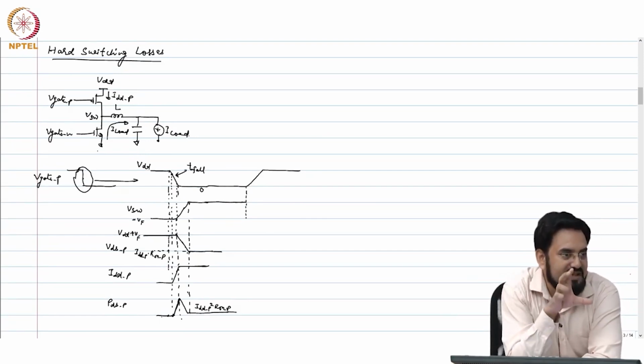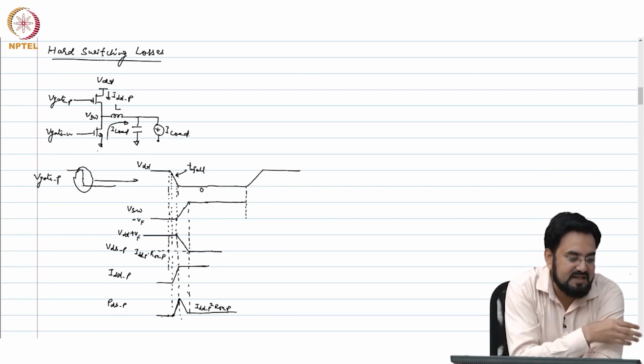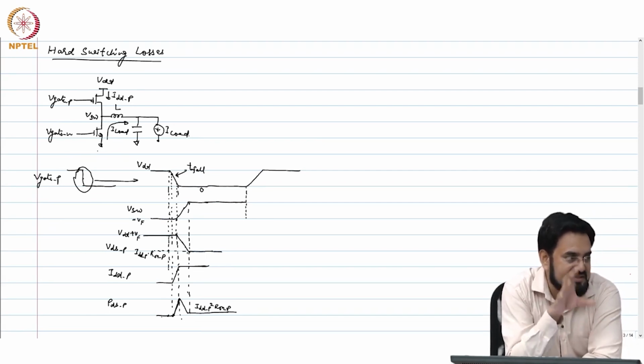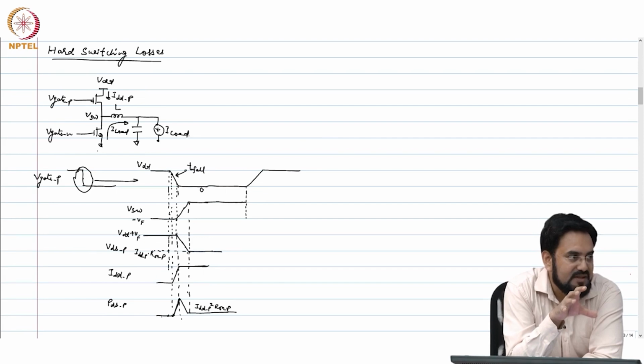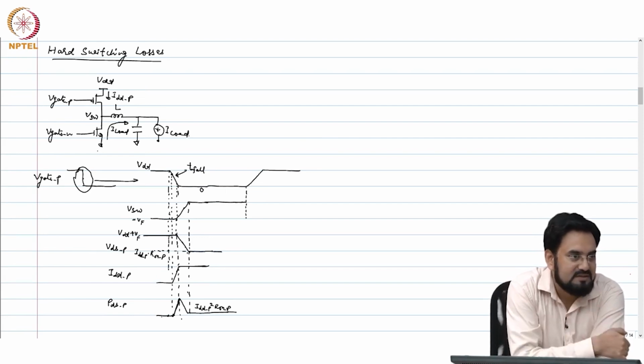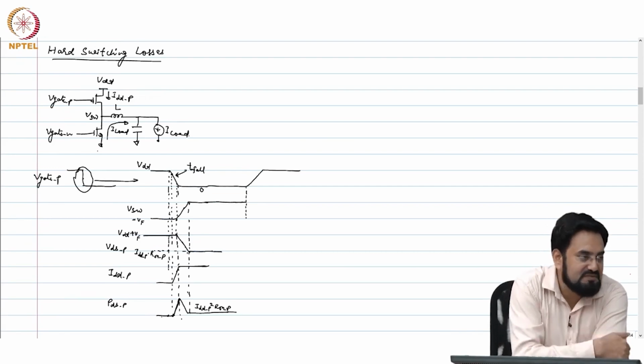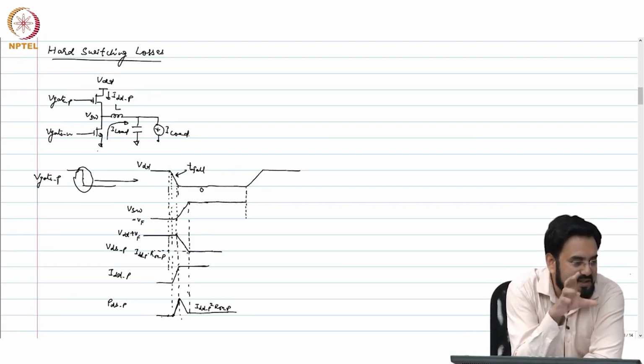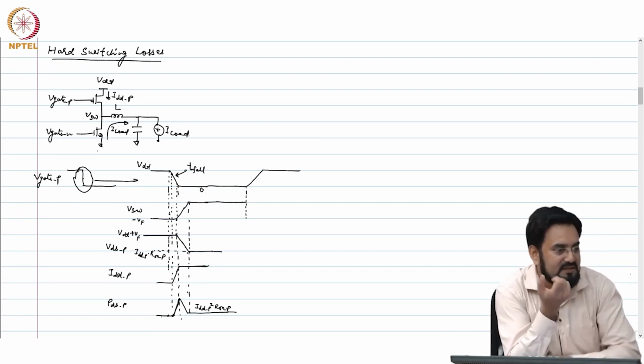So, the current remains the same, but VDS keeps on increasing. VDS keeps on increasing means the RDS on of that is increasing. So, it will see very high resistance, okay, but the current remains the same. So, basically the losses will be very high, and that loss will be nothing but again the voltage across that FET multiplied by that current.